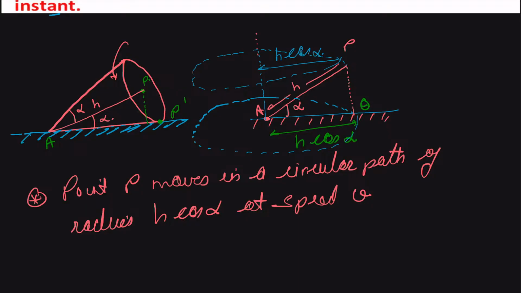So it means that the cone's angular velocity about this vertical axis, suppose that is our omega.